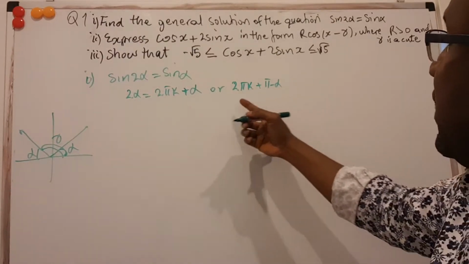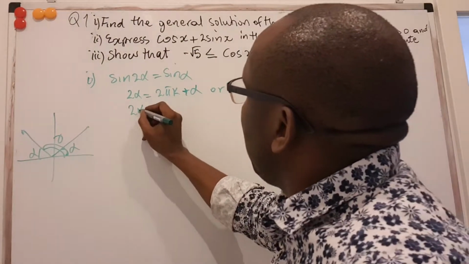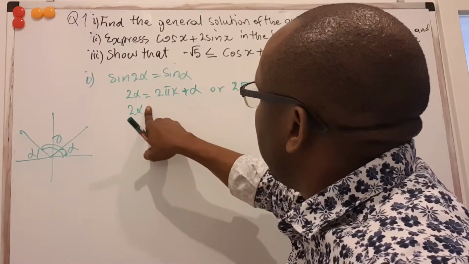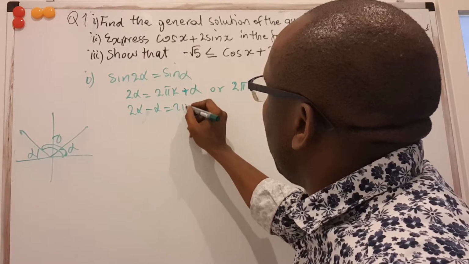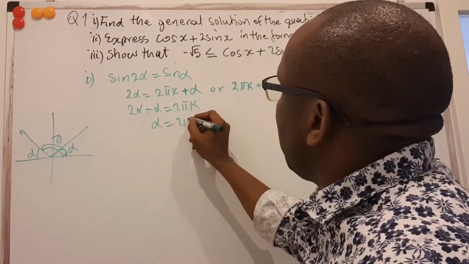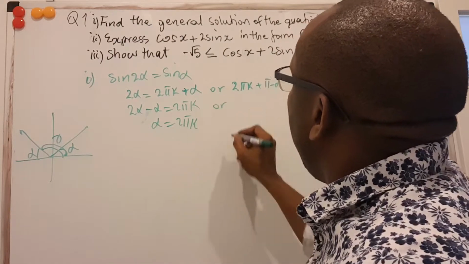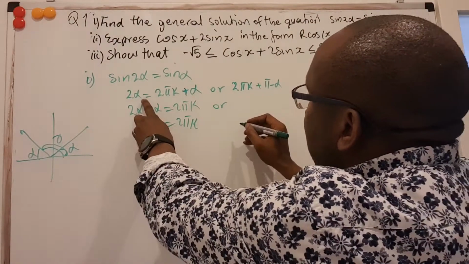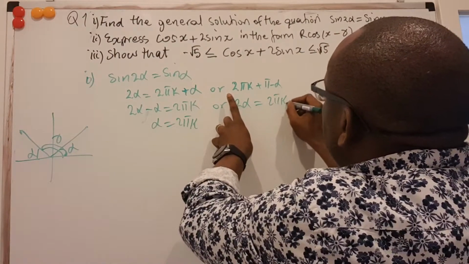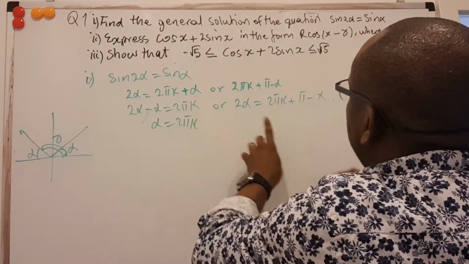So if that is the case here, it means we can solve. Here, 2 alpha is equal to, I can take alpha to this side, then I'll just get 2 alpha minus alpha is equal to 2 pi k. Or if I solve it the other way, then I have my 2 alpha is equal to 2 pi k plus pi minus alpha.